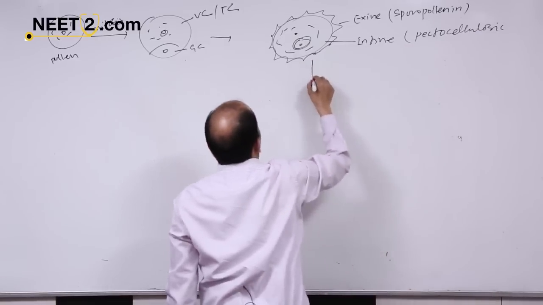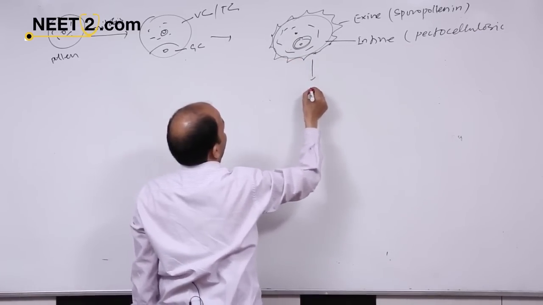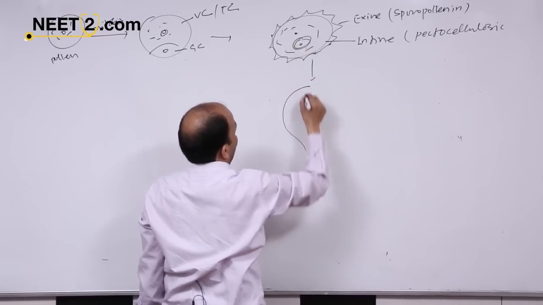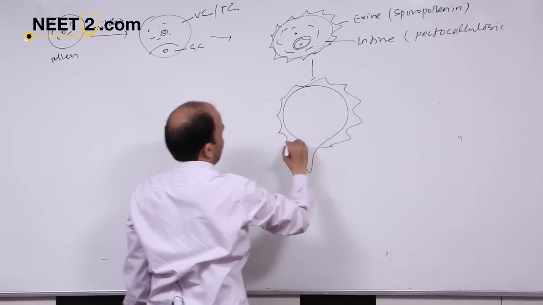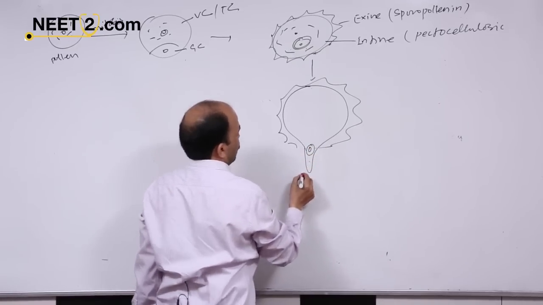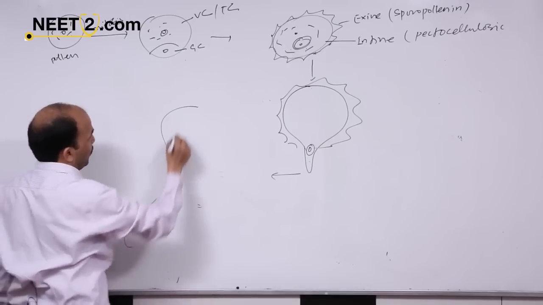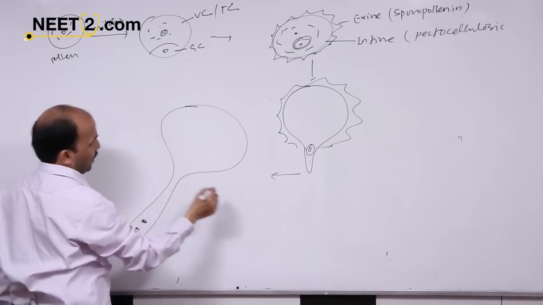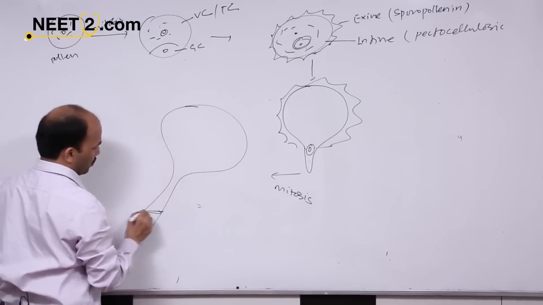Now from the germ pore area of this pollen grain, the vegetative cell will elongate, producing the pollen tube, and the generative cell will enter into this growing tube. Finally the pollen grain will be fully developed, and in the fully developed pollen grain the generative cell undergoes one mitosis, so 2 male gametes will be produced.